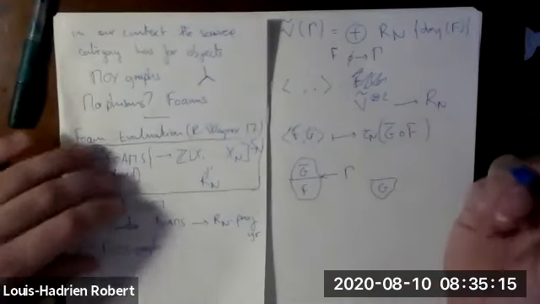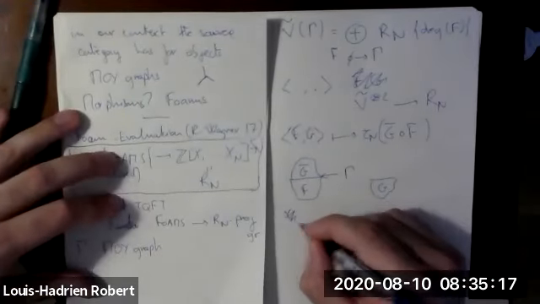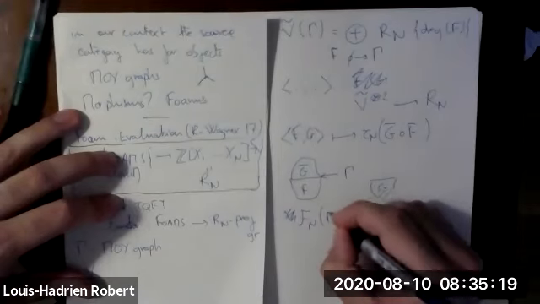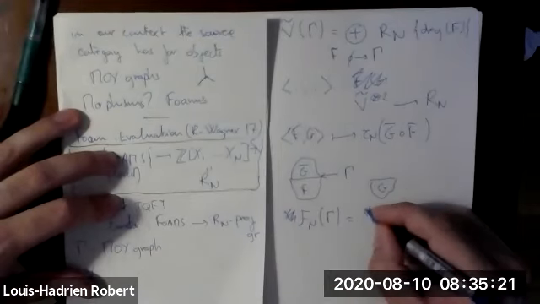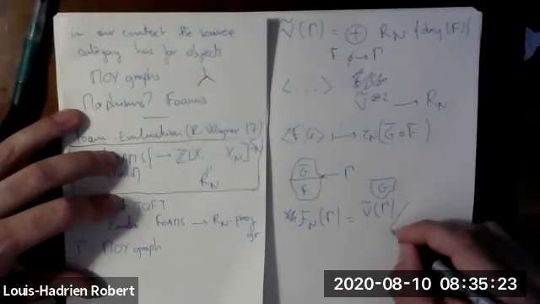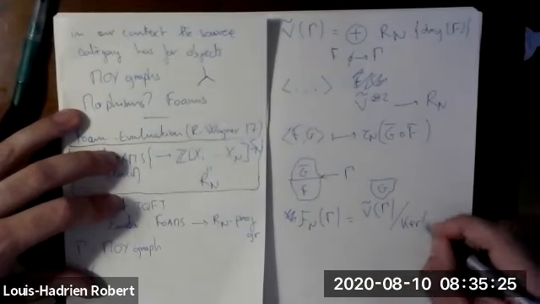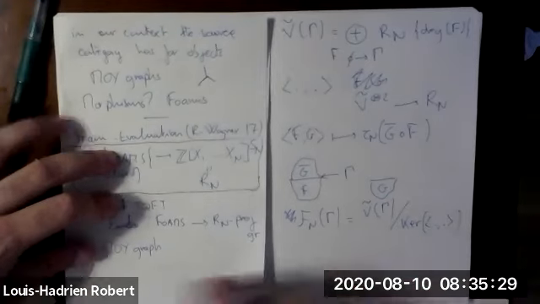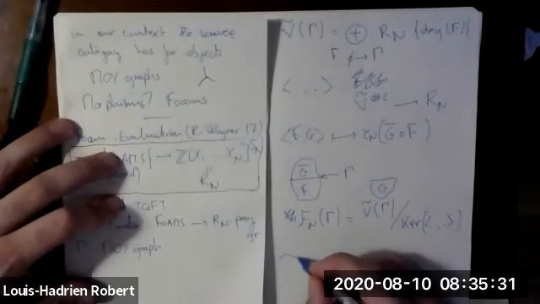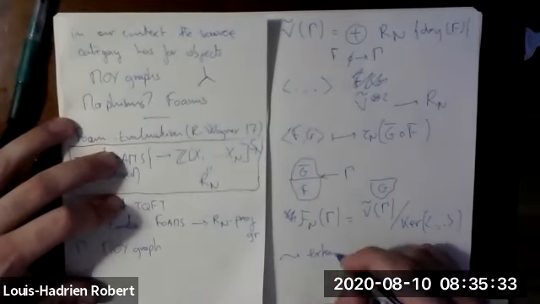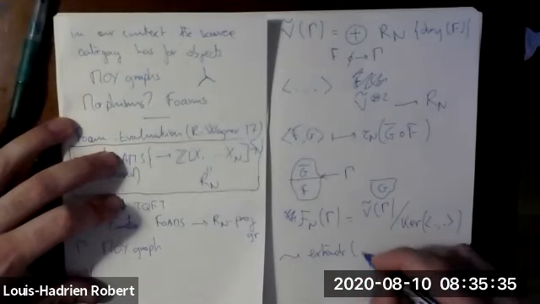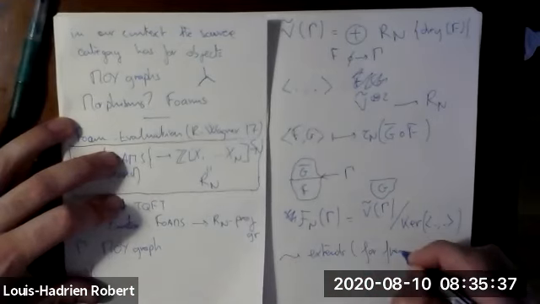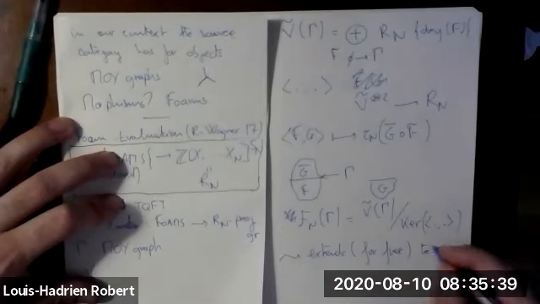Then I define V of gamma, or I should say actually Fn of gamma, to be simply V tilde of gamma modded out by the kernel, or the radical if you prefer, of this bilinear form. And then we can extend this to a functor. It extends for free to a functor.